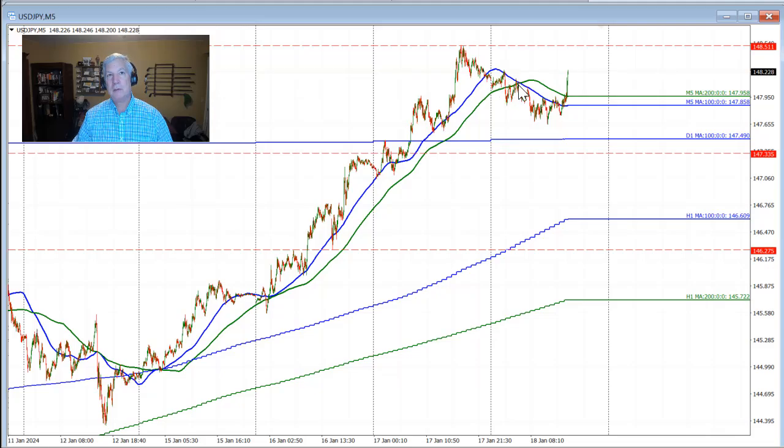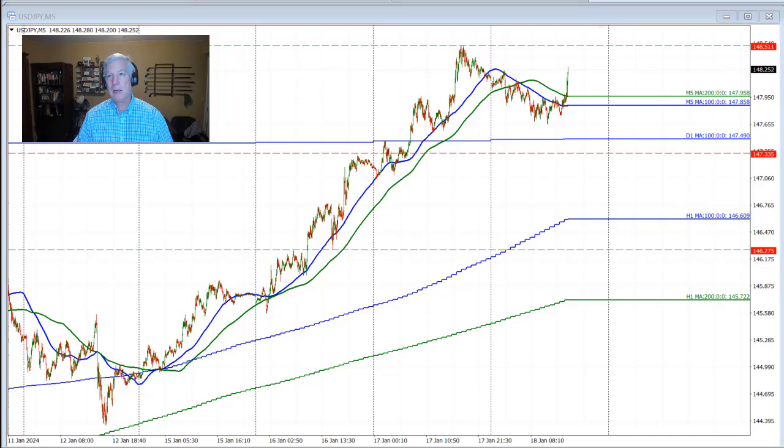Then we moved below and we started to use the 100 as resistance, but this last break to the upside has now shifted the bias back to the upside. So the sellers had their shot. The data didn't cooperate, and we saw the rotation back to the topside and above those moving averages, increasing the bullish bias again. So downside protected, upside back in control.